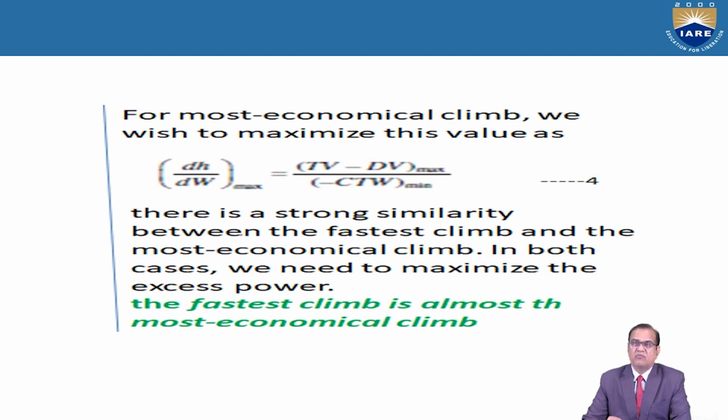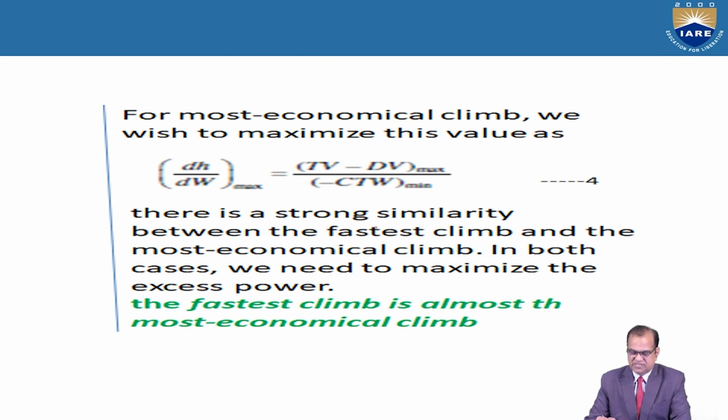So for the most economical climb, we wish to maximize this value, so dH by dW maximum requires (TV minus DV) maximum and CTW minimum. Fuel consumption should be minimum and this value should be maximum.